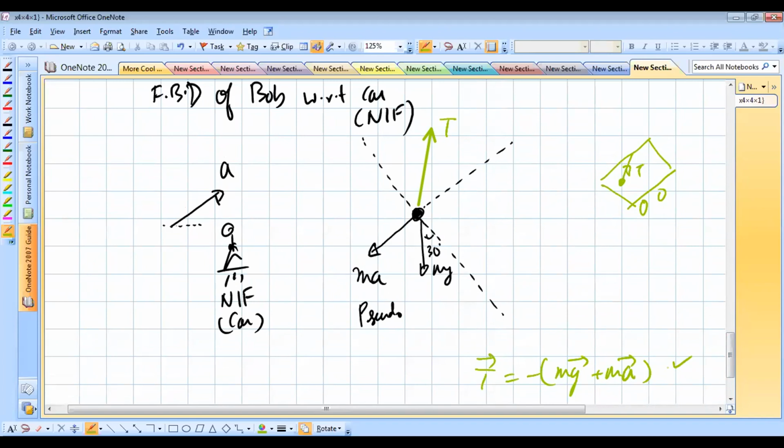Yes. Right? So if we modify this FBD a little more as per the laws of vector algebra to make life easier. So ye bob pe, there is one tension vector, and one ma vector which is acting like this, at 30 degrees to the horizontal. So let's say it's like this. This is ma, and there is one mg vector which is acting like this.